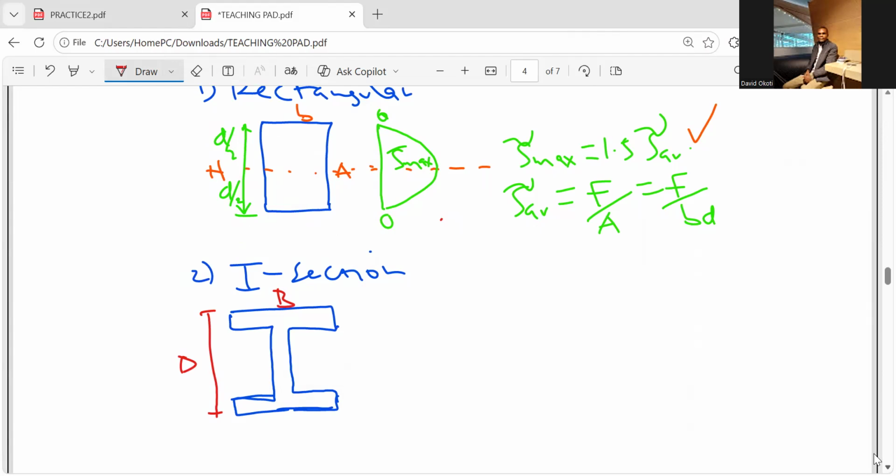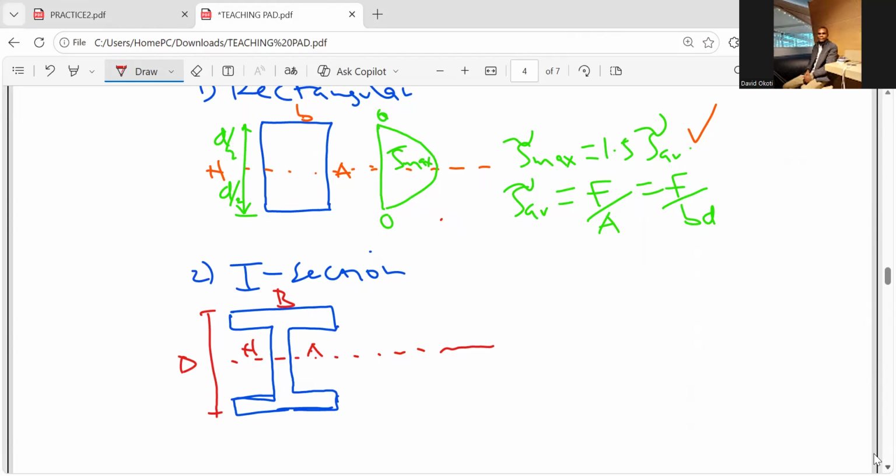Remember we said the I section is the most structurally efficient shape or cross section. Now assume the position of the neutral axis is at this point here. This is my neutral axis. I know so far you know how to compute the neutral axis. The neutral axis is a line that passes through the centroid of this particular section, so the horizontal line through the centroid of the section is what we call the neutral axis.